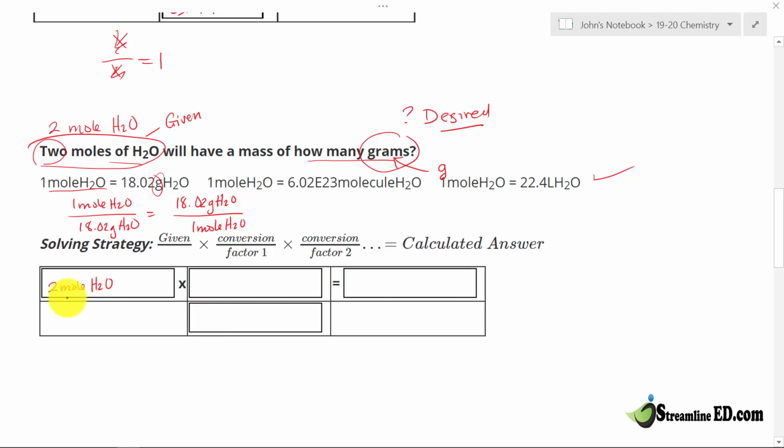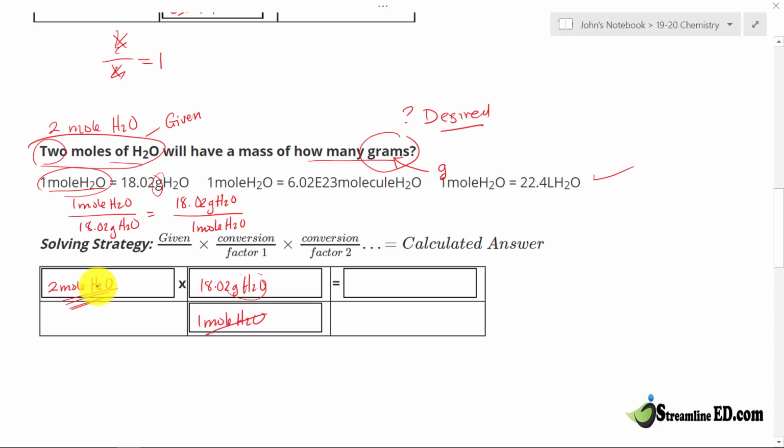All you have to do is look at the previous unit right there. This is moles of water, so the mole part must be on the bottom because we need to cancel that out. So we have 1 mole of H2O, and notice how I copy exactly, isn't it? If this part is on the bottom, the other part must be on top. So 18.02 grams of H2O. And look at that, we have our desired unit.